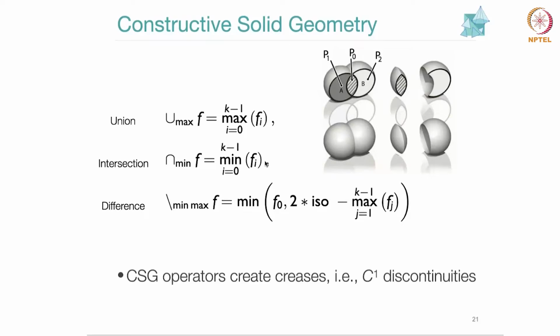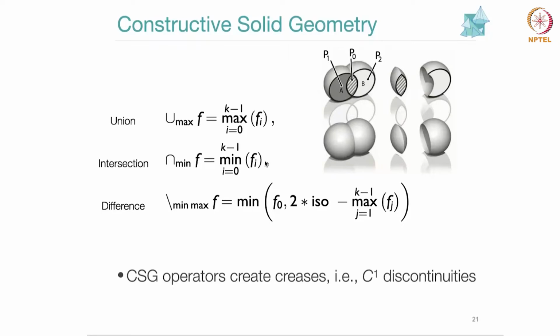Because there is no explicit surface. It's all implicit, right? So basically you have values for every point in space. If you want to calculate the resulting field, you have two input fields and you want to calculate the output field.